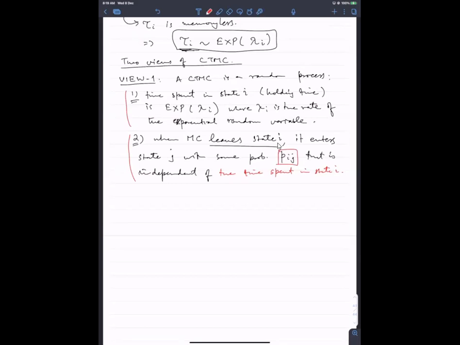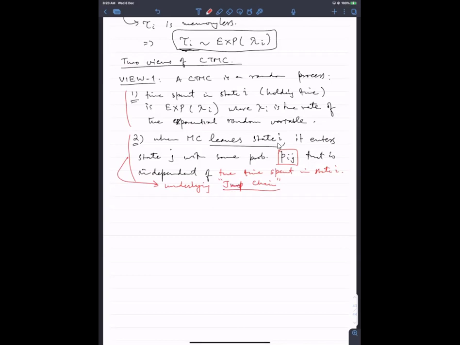Okay. This tells me that you can figure out an underlying, what we call, jump chain. This is a discrete time Markov chain, which represents that continuous time Markov chain. It's a component of that.